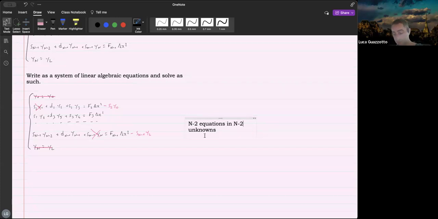So in the first case, my matrix is going to look like this. I'm going to have an element here, we call it D1, which is 1.